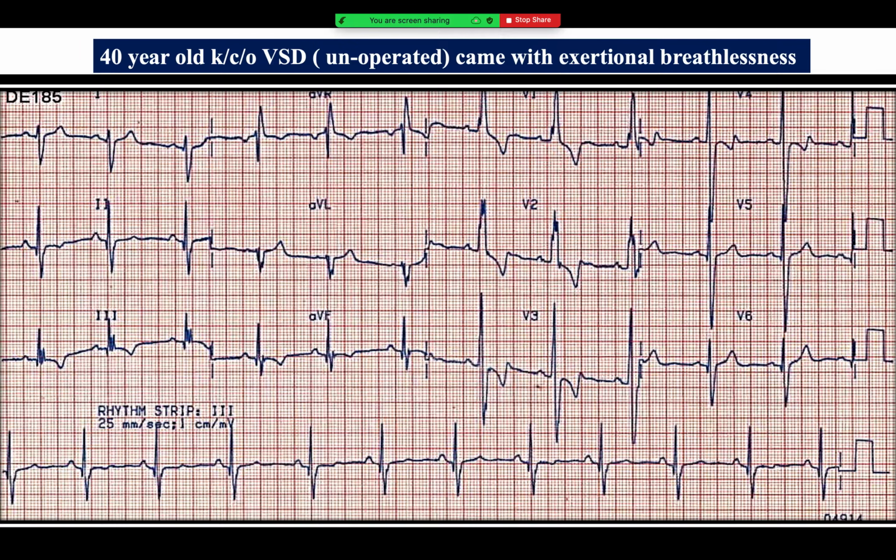And as we already noticed, there is monophasic R wave in the V1 and S wave, especially if we look in the V6, there is reduced amplitude of S in the V6. So what does it mean? This is VSD with Eisenmenger, right?